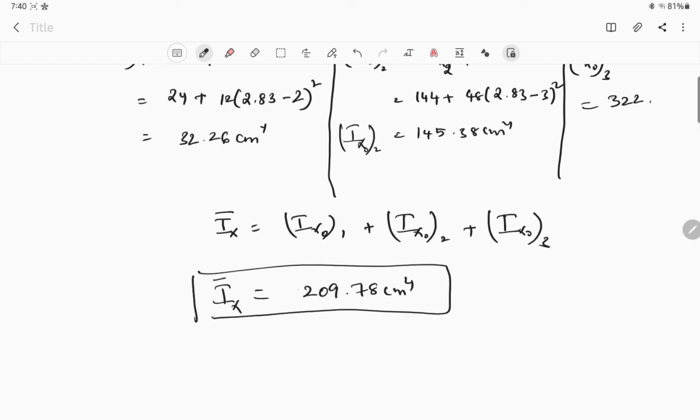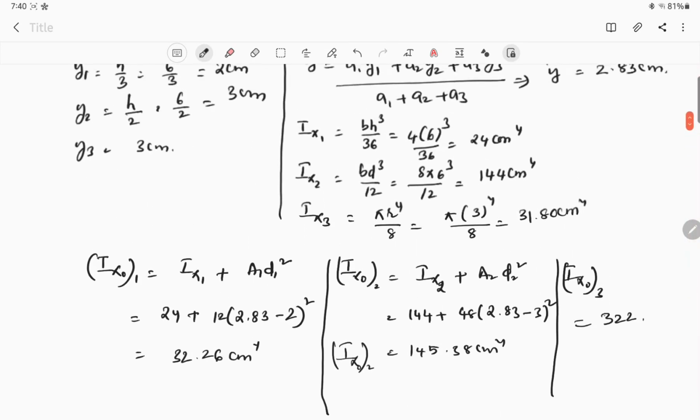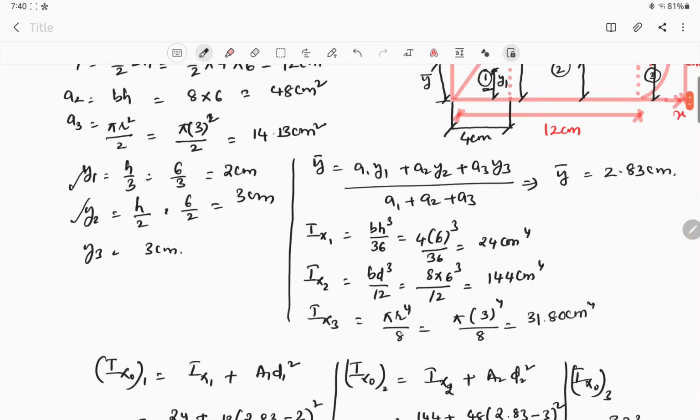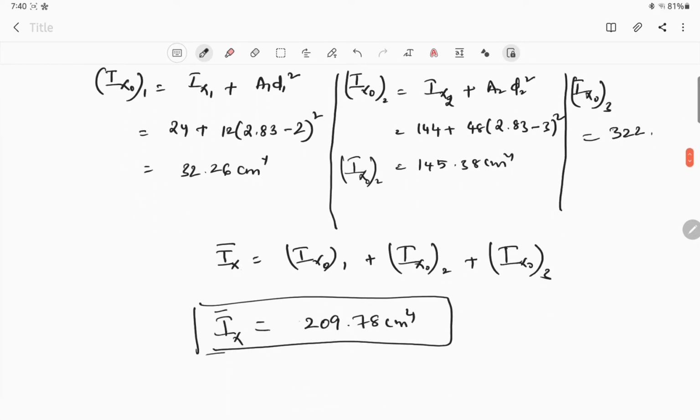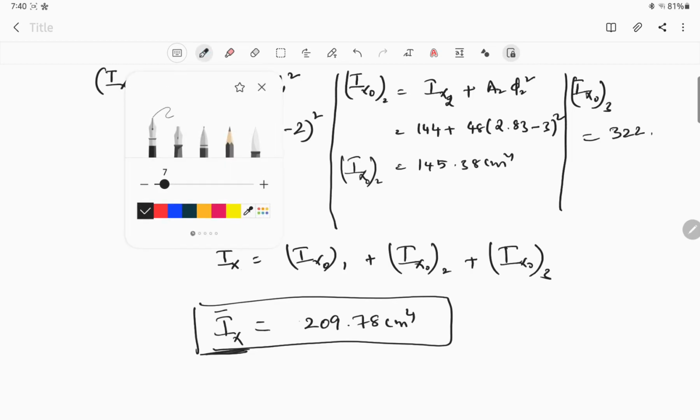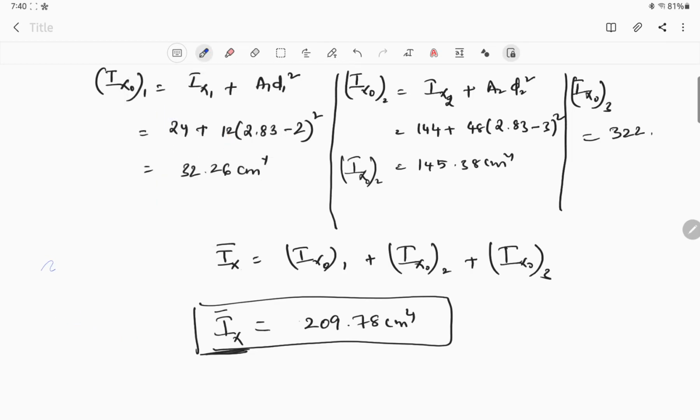So with the value of y1, y2, y3 and y bar, you will get the value of moment of inertia about centroidal x-axis. When you calculate y bar with the help of y1, y2, y3, with the help of these three things, we can get the value of Ix bar.